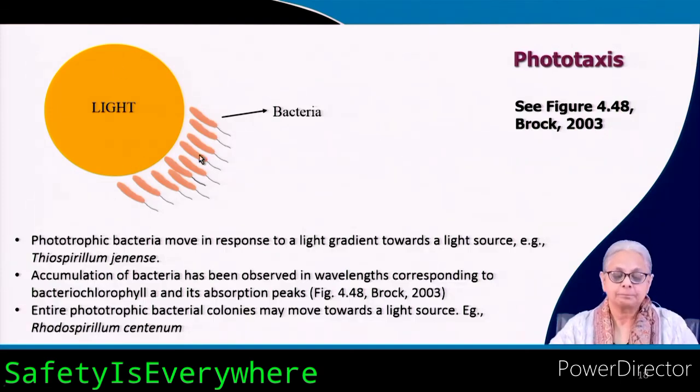So these are examples of phototaxis, where those wavelengths or the light source are useful to the bacteria for photosynthesis. So these phototrophic bacteria were moving in response to a light gradient towards the light source.